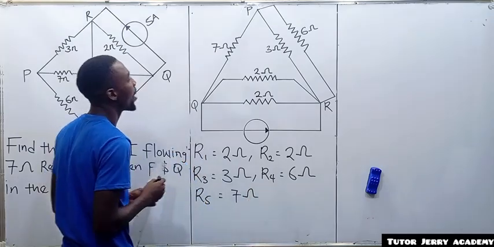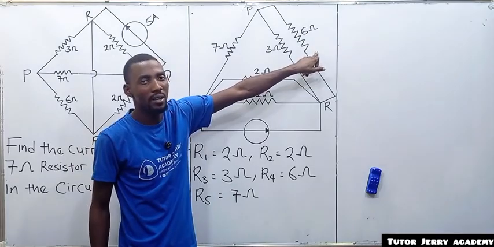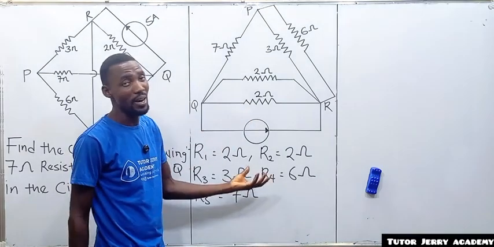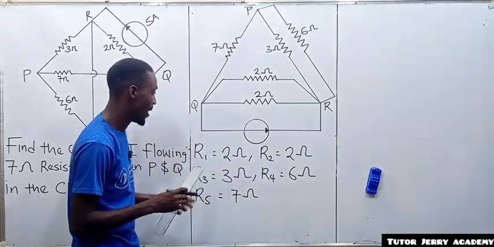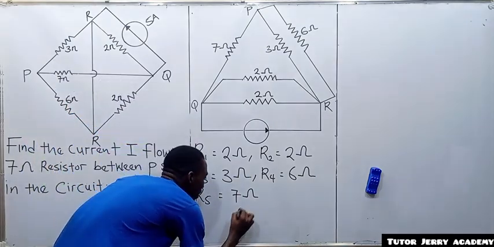You are going to observe that this resistor and this resistor are in parallel. This resistor and this resistor are also in parallel. So we need to combine them. R1 is parallel to R2.